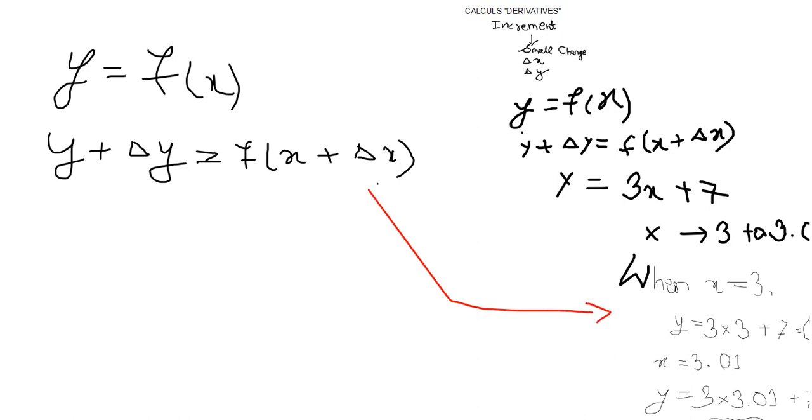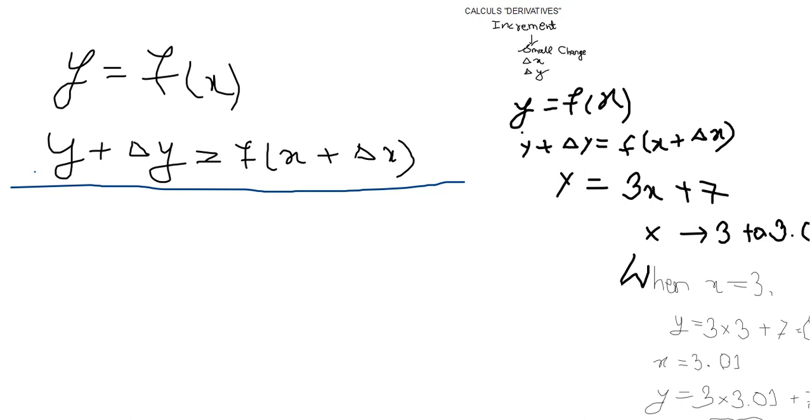So what we are going to do now is subtract the given function. This del y and y and y are going to be cancelled out, and the remaining one will be del y equals, so this minus this.